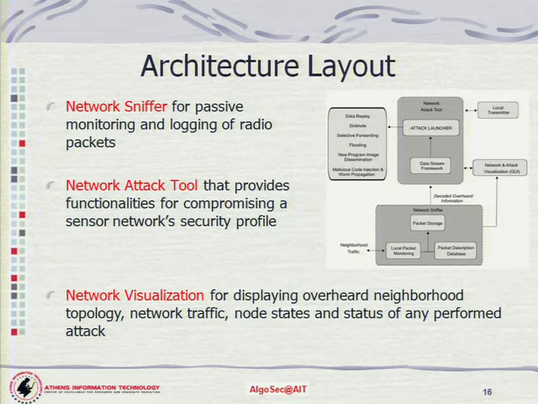We have the network attack tool component, which is the main component of the tool and provides a number of actions for compromising the sensor network security profile. And finally, we have the network visualization component, which is the GUI of the tool, for displaying the overheard network topology, all of the messages that are captured by the sniffer, node states, and status of any attacks that take place and are in progress from an attacker.